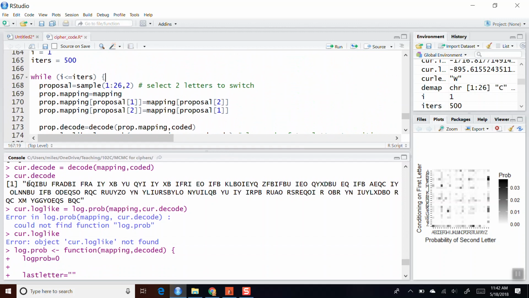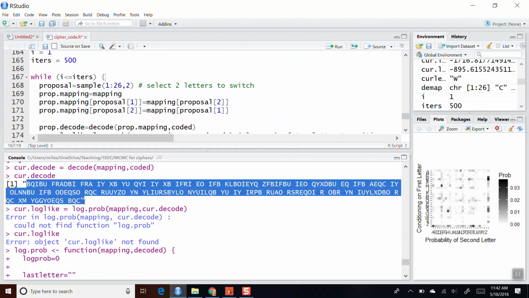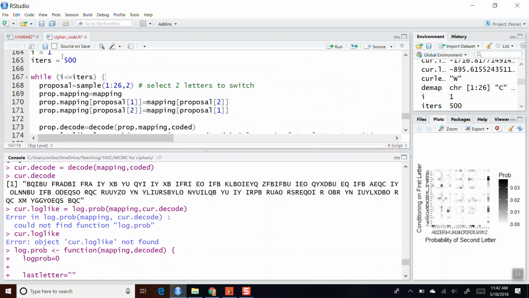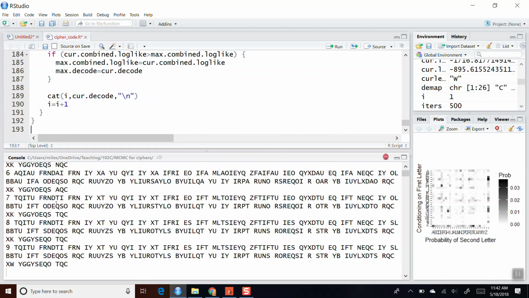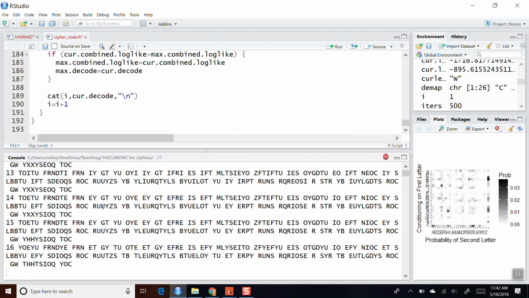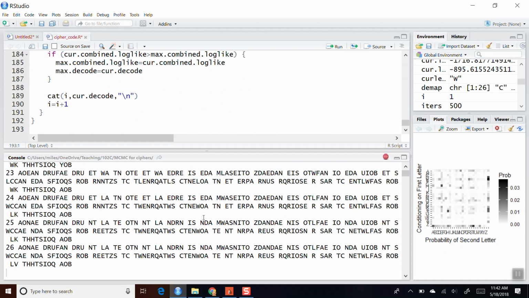So again, this is where we start. Our current mapping produces this as output. And we start off here, and immediately we can see we're starting to switch things out. Even though this still looks terrible, at least we're now in a position where we have a decent mix of vowels and consonants in the words, okay?